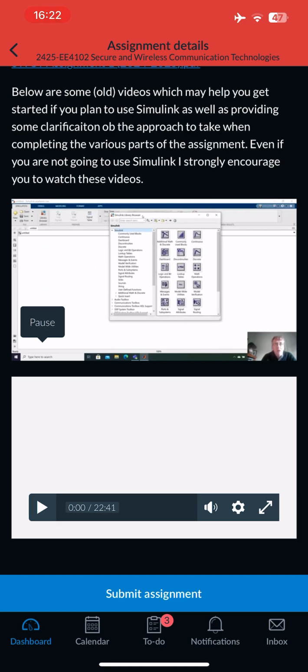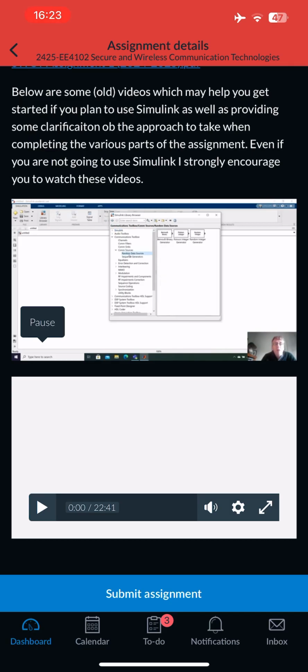Okay, so the first block we need to apply is a block which is capable of randomly generating symbols that we want to transmit. Okay, so you click on the library browser. We open up the communication toolbox, go into the communication source and random data sources.